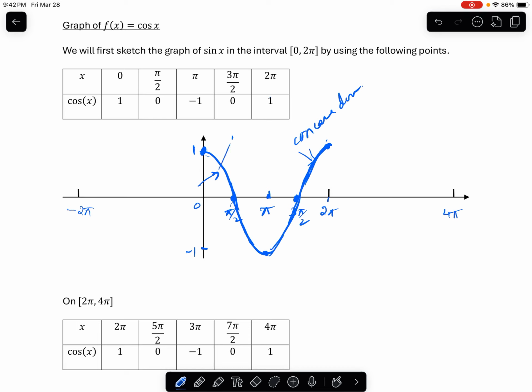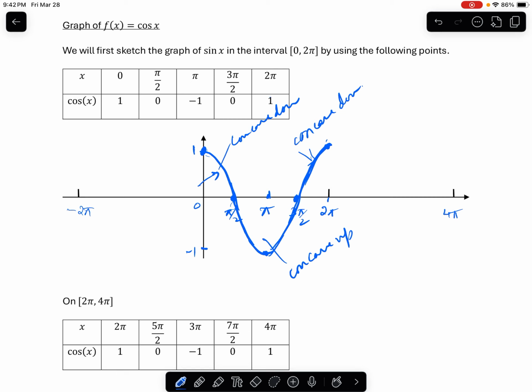And this is concave down, and this one is concave up or open up, and those are open down. So this is the graph of cosine x between 0 and 2 pi.